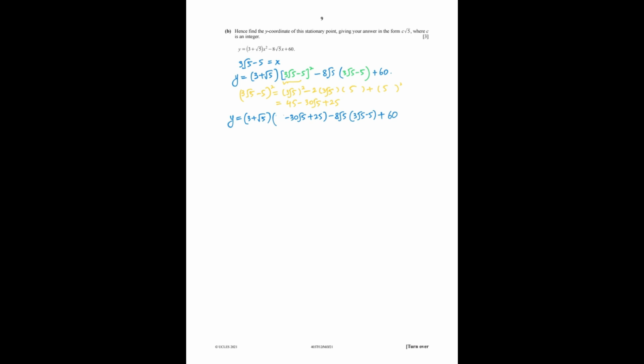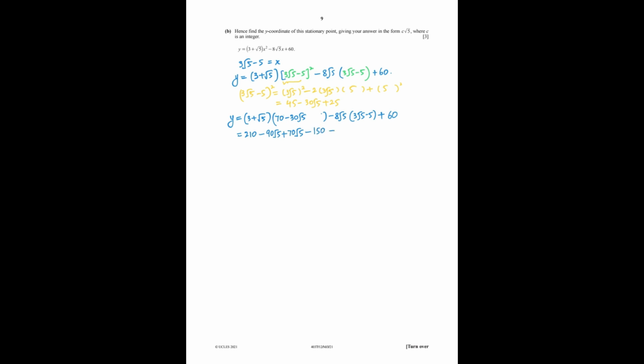So instead of 45 and 25 separately, I'm going to write down their sum, 70, right? And now we start with the multiplication. 3 into 70 is 210, plus minus minus, 3 3s are 90√5, plus 70√5, and plus minus minus 30 into 5 leads to 150.